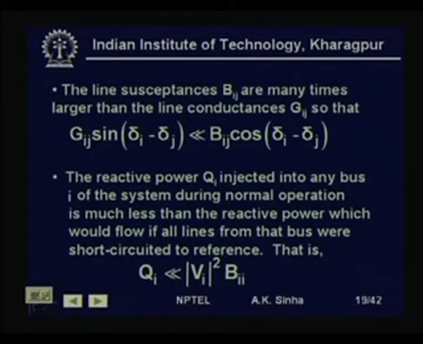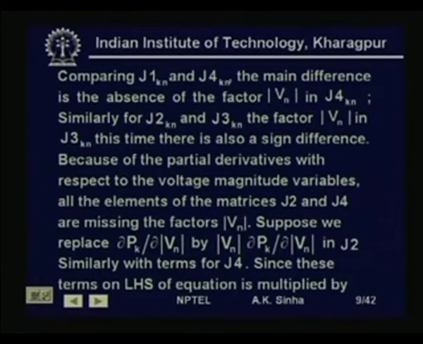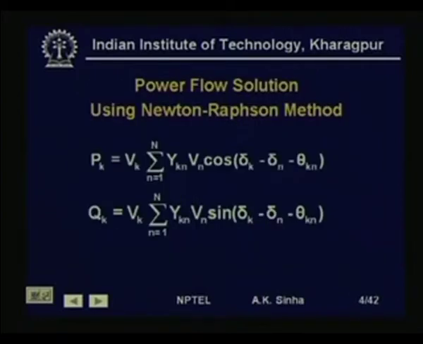In fact, this we can also see from this relationship, where Q k is given as V k into Y kn V n sin(delta k minus delta n minus theta kn). Now, this Y kn into sin terms will give me the B terms.